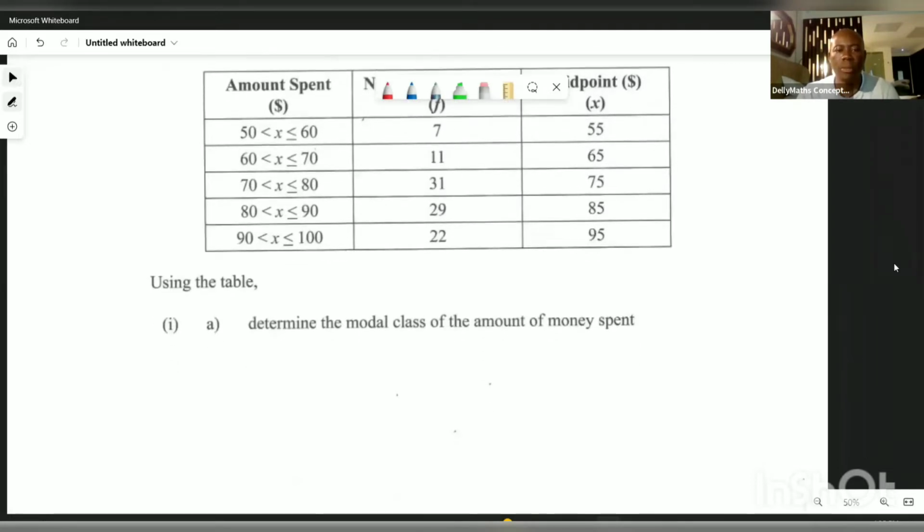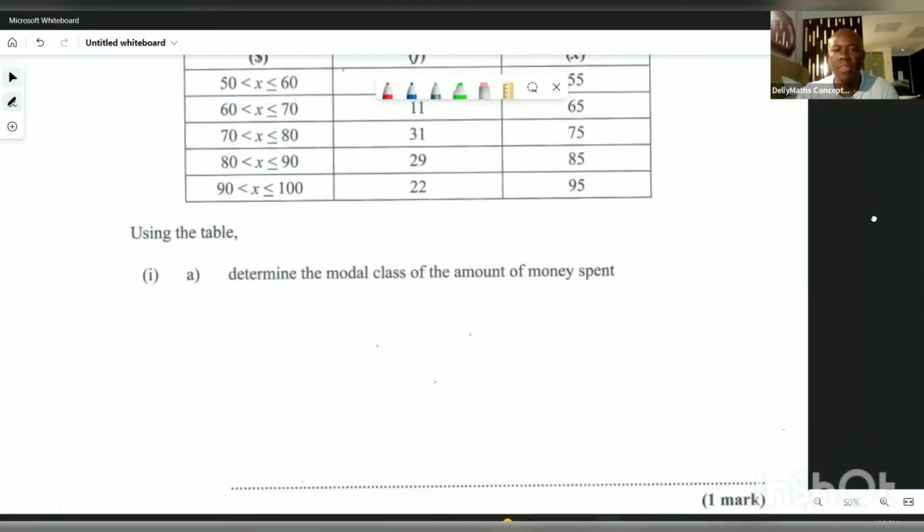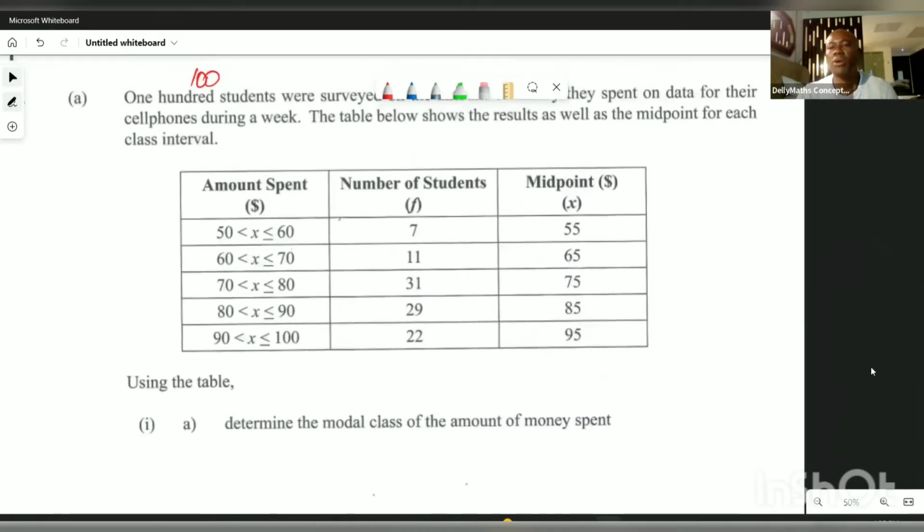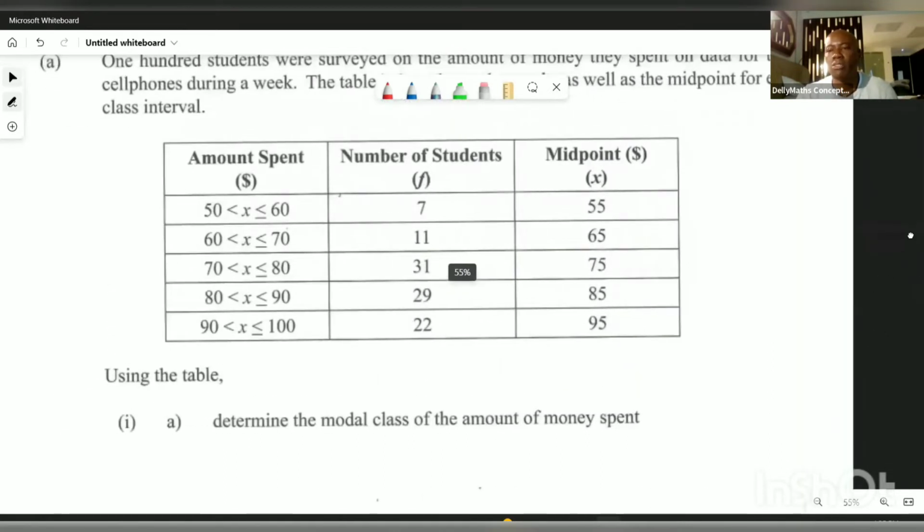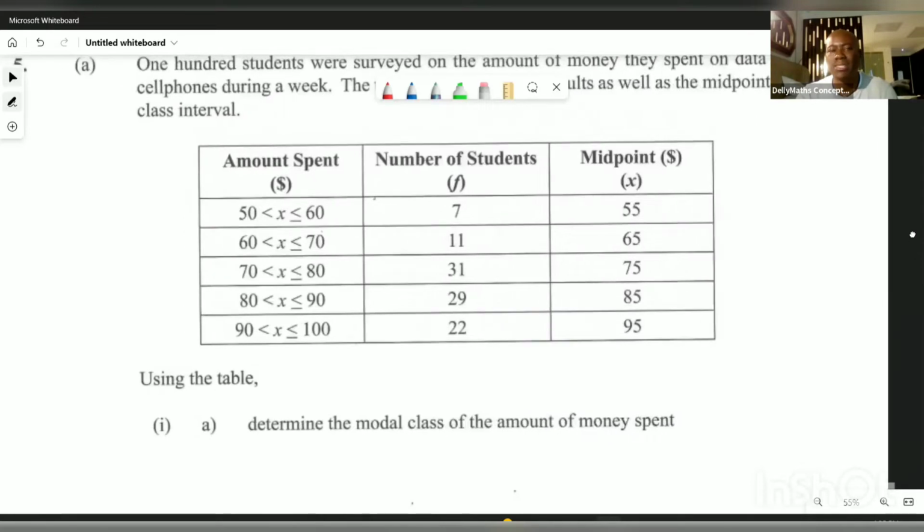Using the table, determine the modal class for the amount of money spent. The modal class is the class that occurs most frequently. So looking at the modal class, we have to look at the number of students in this column. Which one occurs most frequently?